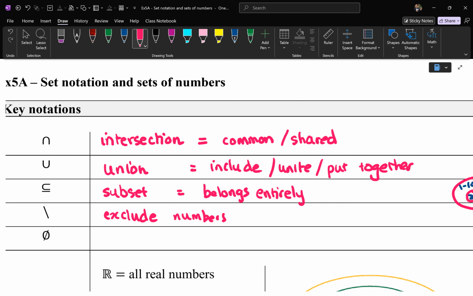And then lastly, a null set. This is a null set. Okay, so a null set is different to 0. How is it different? 0 is a number. If I said this group has 0, I'm not saying it doesn't have any numbers in it. I'm actually saying it does have a number.